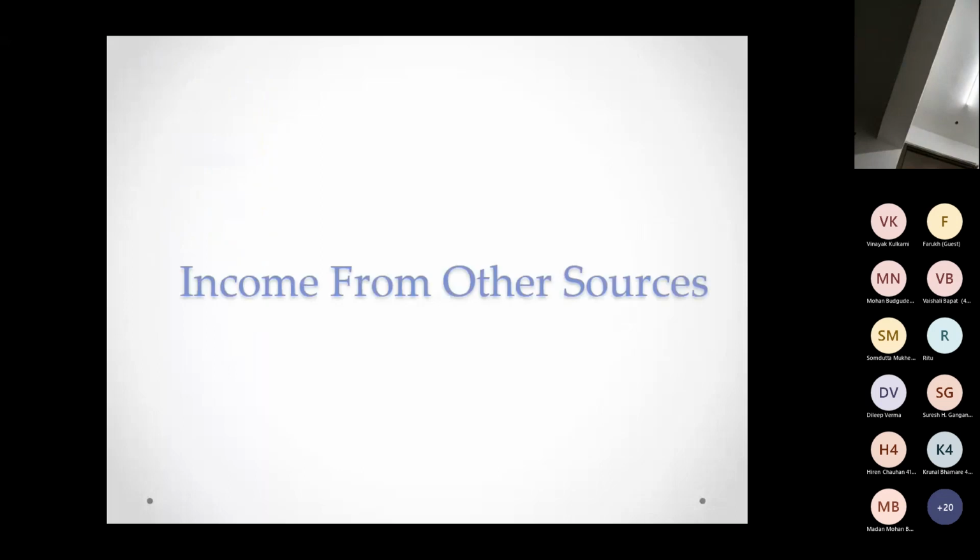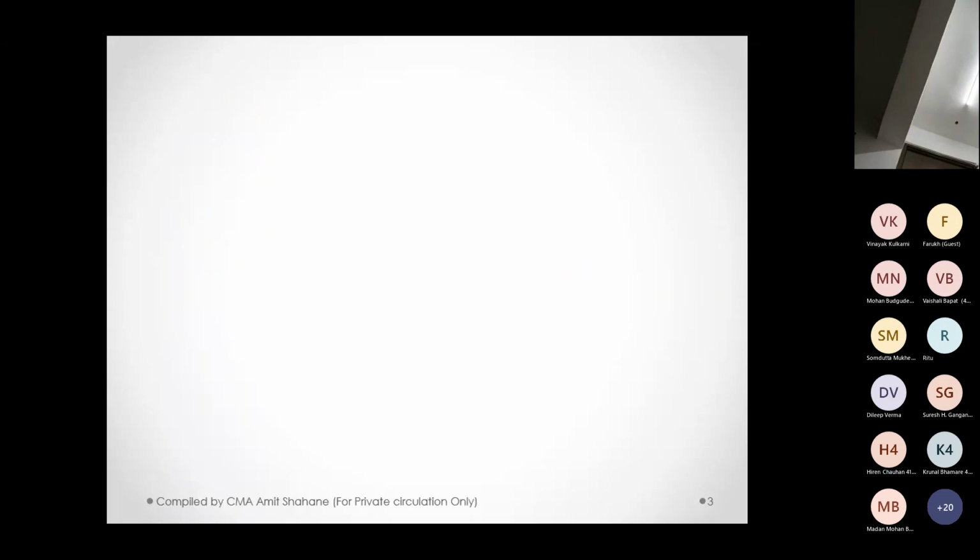Yeah, so income from other sources. There are total 5 heads of income, as you are aware: income from salary, income from house property, income from business profession, capital gain, and income from other sources. Out of these 5 heads, of course, we'll be covering the 5th head today.